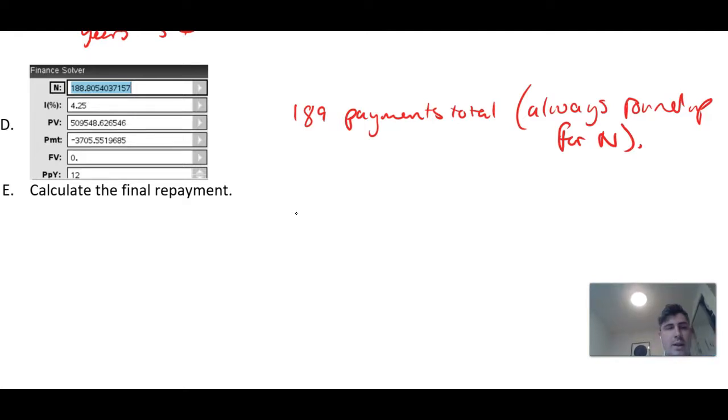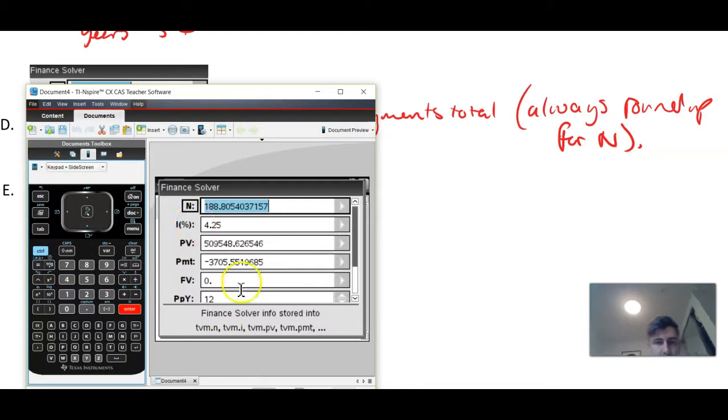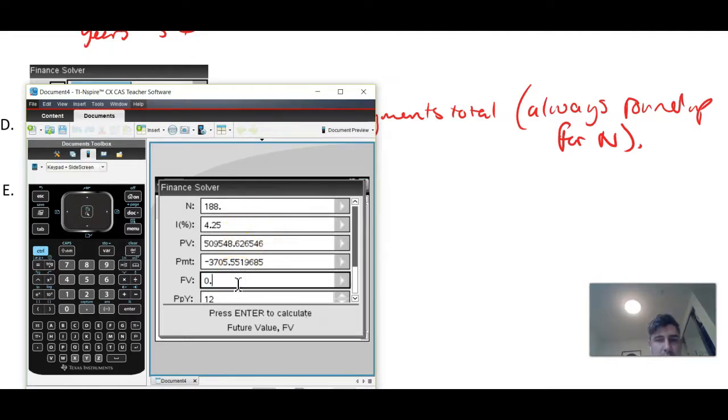We're going to have to calculate what was left at the end of that. So what we're going to do is work out how much was owing after the 188th payment. In order to do that, we're going to keep everything the same that was in here. We're going to change this to 188 by deleting all of that. And we're going to put FV as our unknown this time.